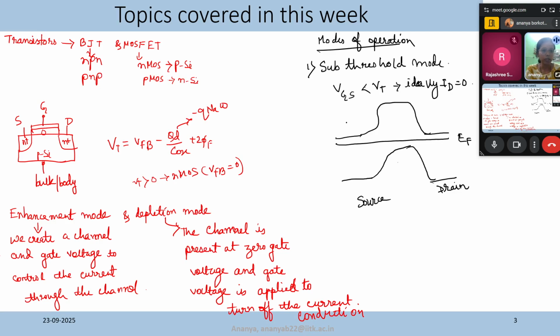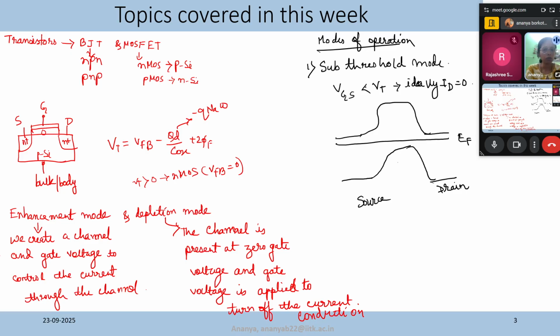Electrons from the source side cannot go to the drain side. Normally we apply a positive bias to the drain terminal, and that attracts the electrons present in the channel towards the drain side.